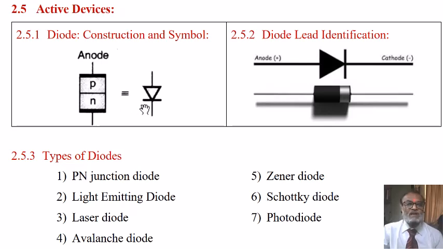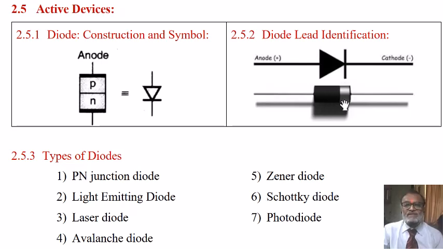and a metallic electrode connected to N-type material is called cathode. The symbol of the diode is shown here. The symbol indicates the direction of current, that is from anode to cathode. That is the meaning of the triangle shown here. A typical practical diode looks as shown in figure 2.5.2.